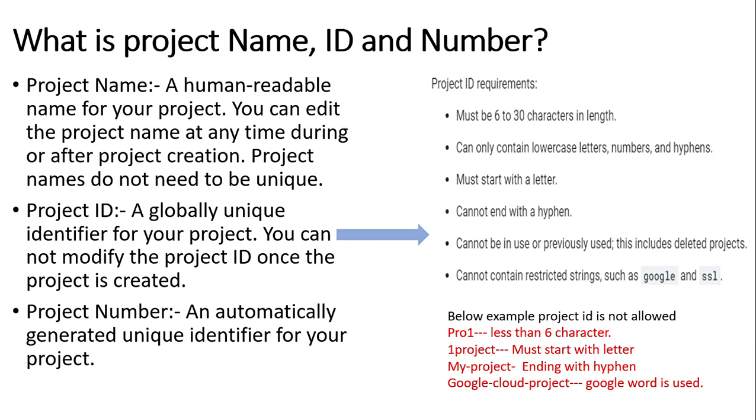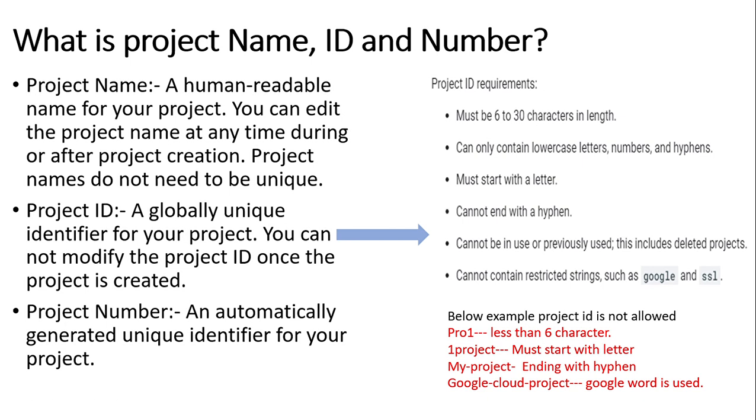It must be 6 to 30 characters in length, can only contain lowercase letters, numbers, and hyphens, must start with a letter, cannot end with a hyphen, and cannot be in use or previously used. This includes deleted projects as well. So we cannot use the same project ID which you have used for an earlier project which you already created.